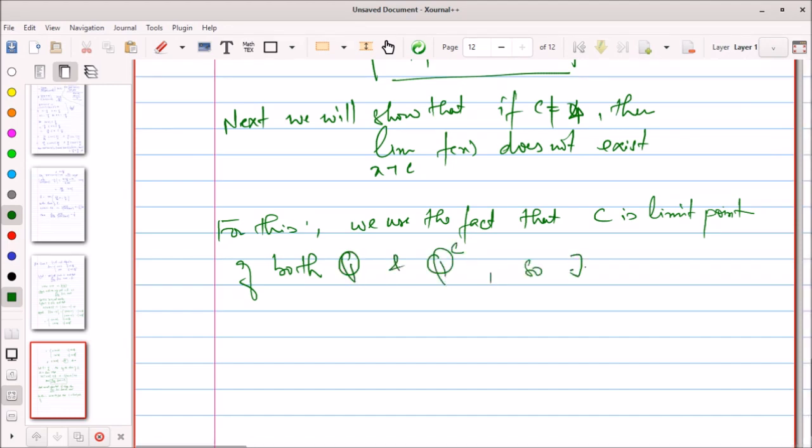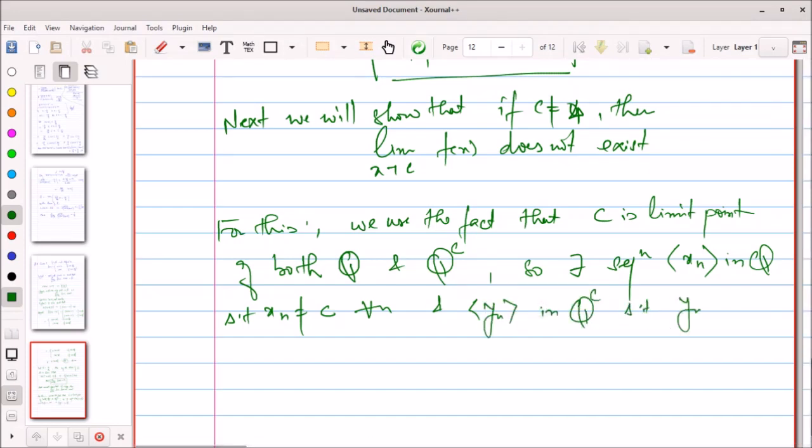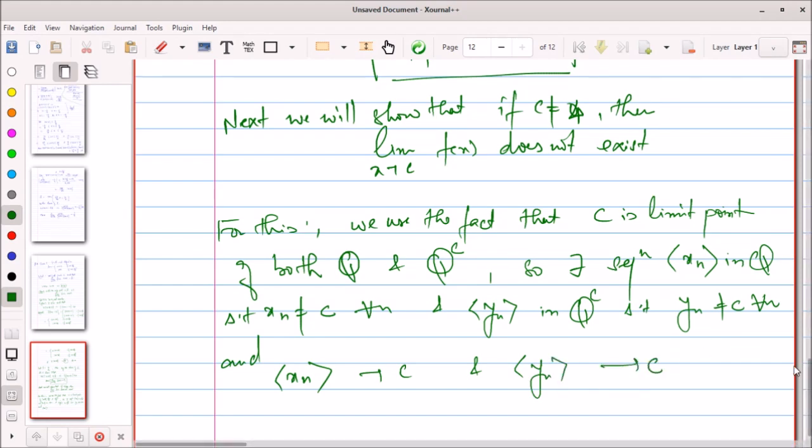So there exist sequences xn in Q such that xn is not equal to c for all n, and yn in Q complement such that yn is not equal to c for all n, and xn converges to c and yn converges to c.